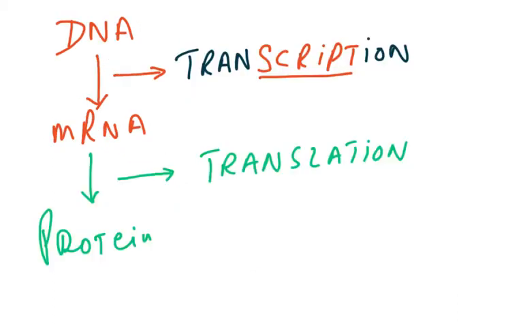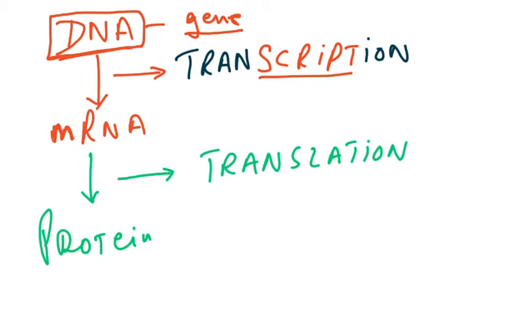Now the basic first two steps which we need to understand is that first of all, the DNA contains the gene for a certain protein. Then that gene has to be copied by the mRNA.